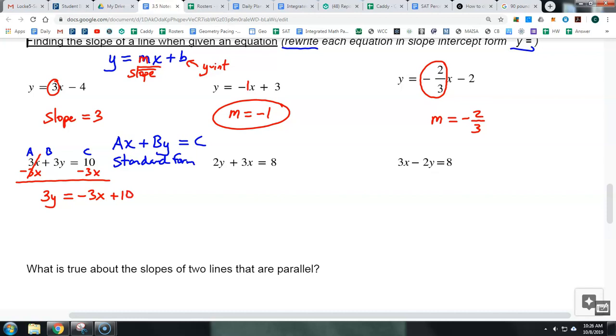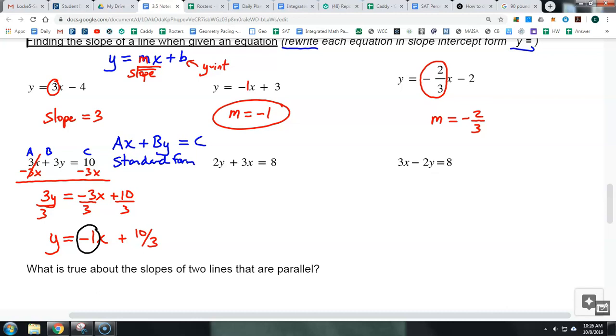And then my last move is I need to divide everybody by 3. So now we have y equals a negative 3 divided by a positive 3. Well, that's a negative 1x plus 10 over 3, or you could change that to a fraction or a decimal if you'd like. But I'm more concerned with what is the slope. So now I know the answer. The slope of this problem is negative 1.